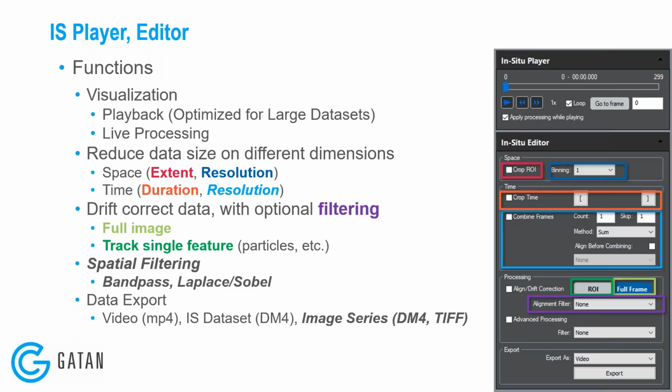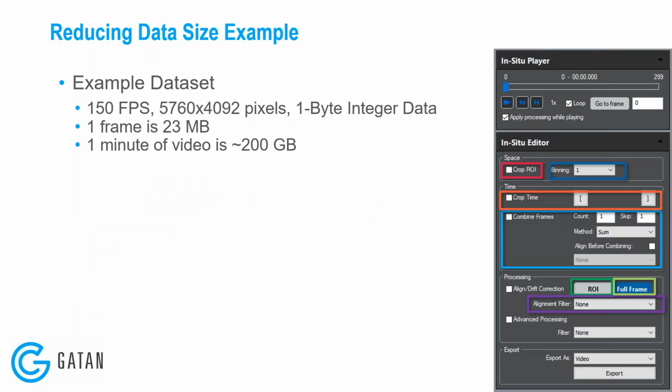Maybe you do an initial processing on the computer at the microscope, but then you take away the reduced data set as an IS data set to work on at home. And then we can also now export as an image series. This is something that previously was not possible, but now we can export as a series of DM files, or even a series of TIFFs.